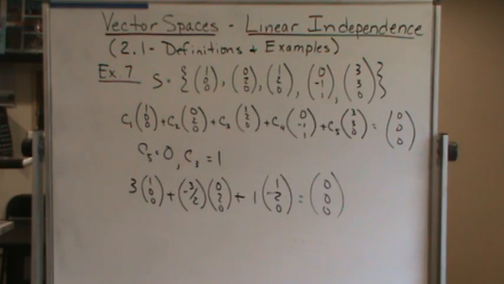Let's see, if we do C5 is 0 and C3 is 1.